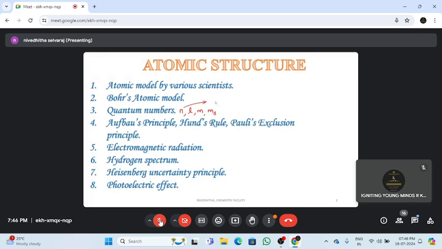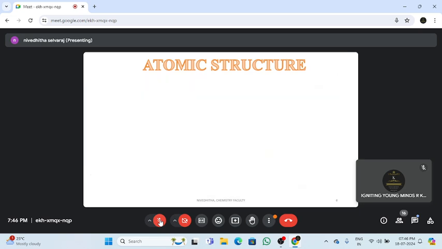Okay, let us calculate now. I'm calculating manually, but I'll tell you the formula also. The shell I asked is fifth shell, right? So n is equal to 5.